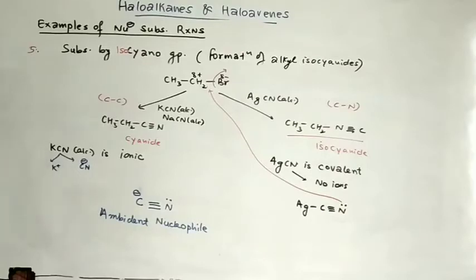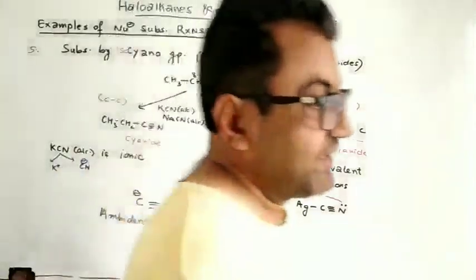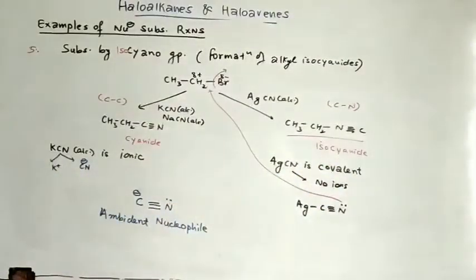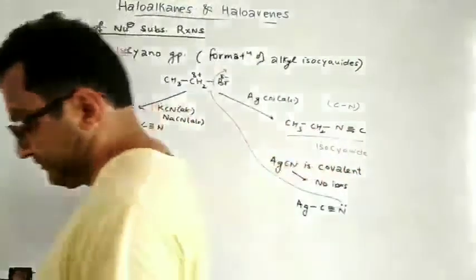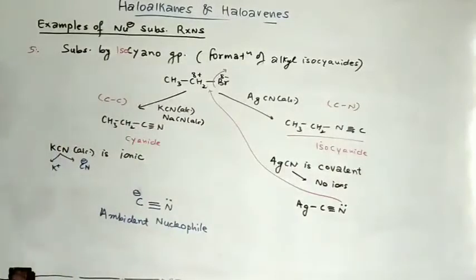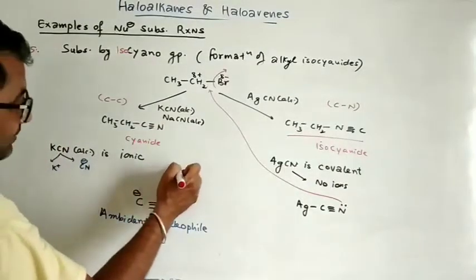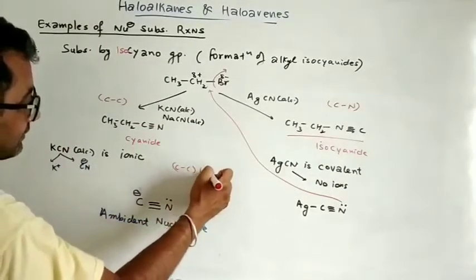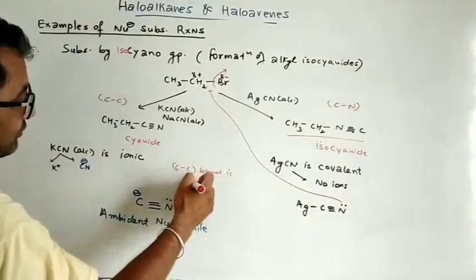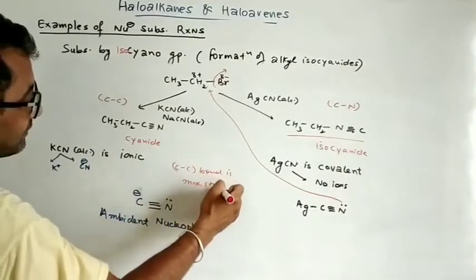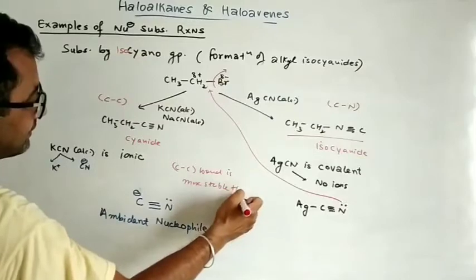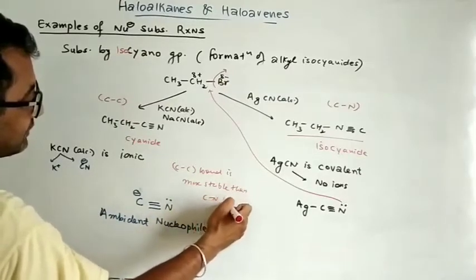Now when we have KCN, it dissociates to form ions, and in the CN negative ion, carbon has a negative charge that can attack, and nitrogen has a lone pair that can attack. Two possibilities are there. But as you know, the carbon-carbon bond is more stable than the carbon-nitrogen bond.